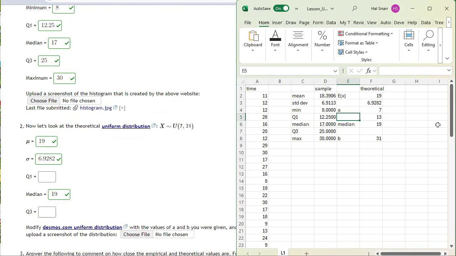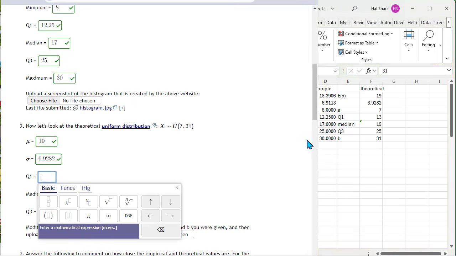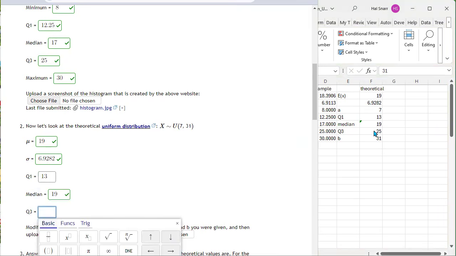Right? So this is the first quartile. Basically, it's the median of the lower half of the data, right? And the same thing for the third quartile. It's the midpoint between the median and the maximum theoretical value, right? So the first quartile is the midpoint of 7 and 19, 13. And the third quartile is 25.